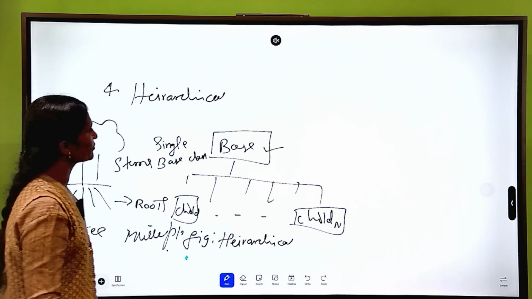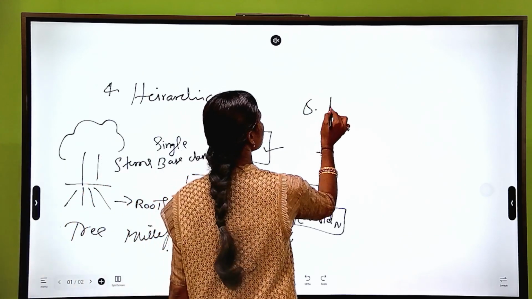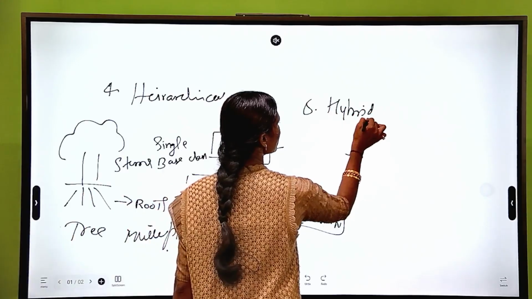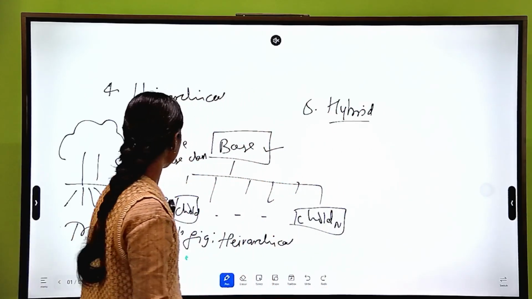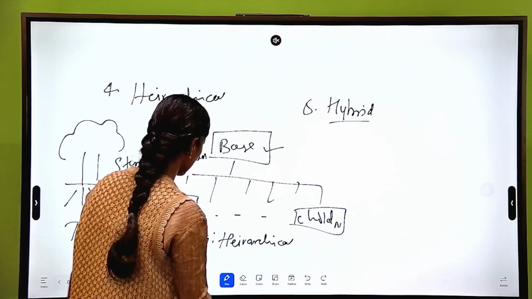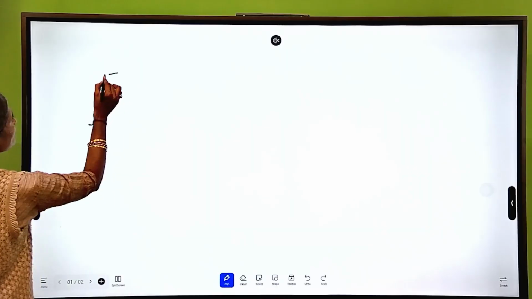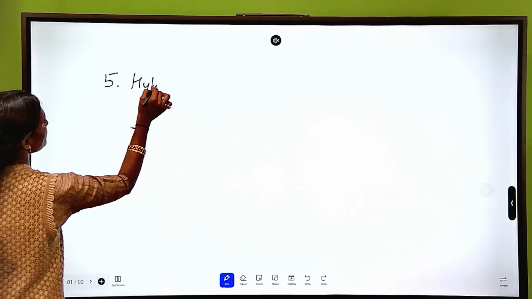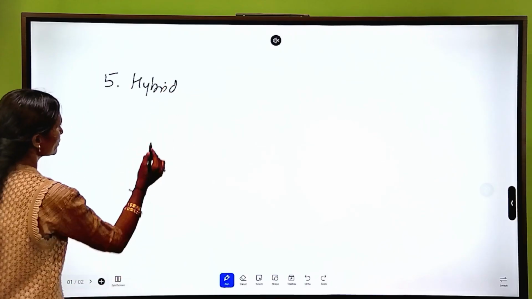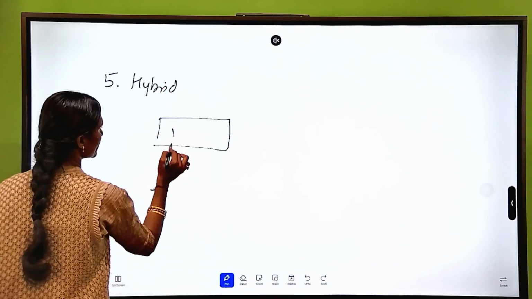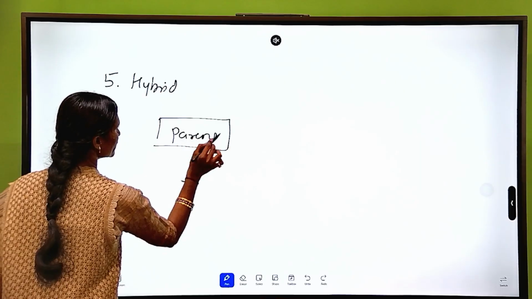So the last kind is hybrid inheritance. What is hybrid inheritance? I will draw one diagram so that you can understand it better. This is your parent class.